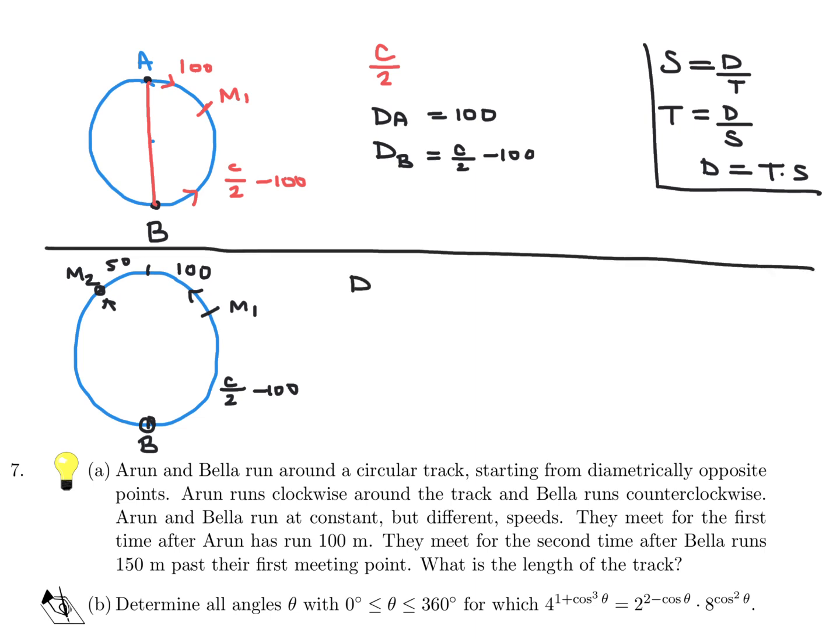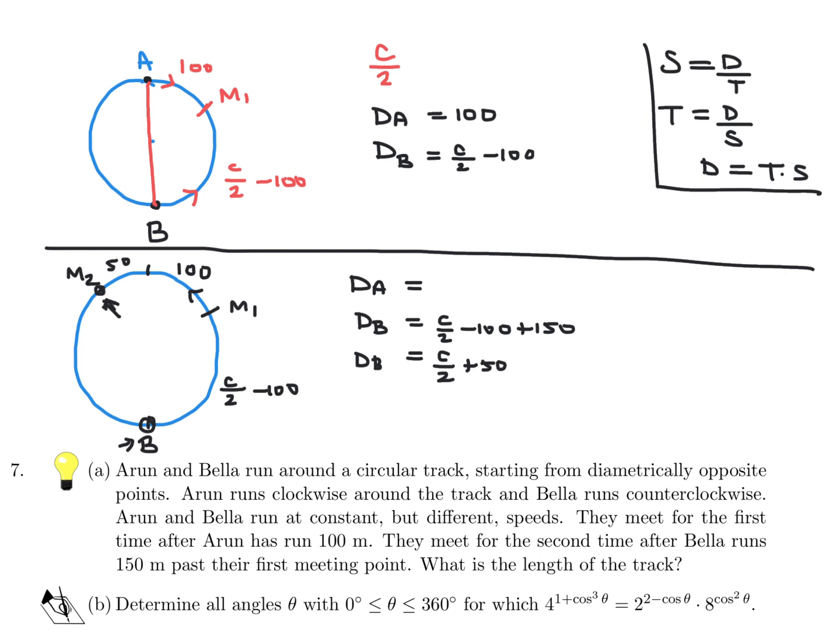Bella is going from here to M2, right? She initially went C over 2 minus 100 to M1, and then she travels another 150, according to the question. So that's C over 2 plus 50. That's dB, the distance of Bella in the second part of the question.